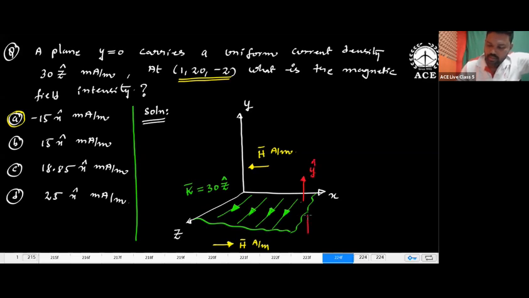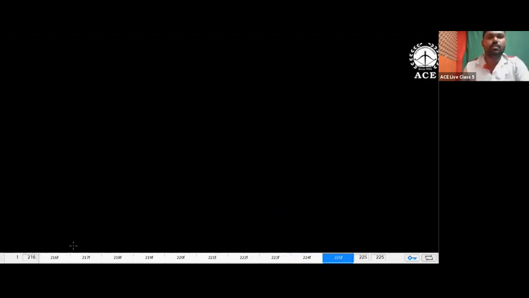Below, what is the normal? Minus Y cap. Clear? What is the formula given? H is equal to K by 2 cross N cap.